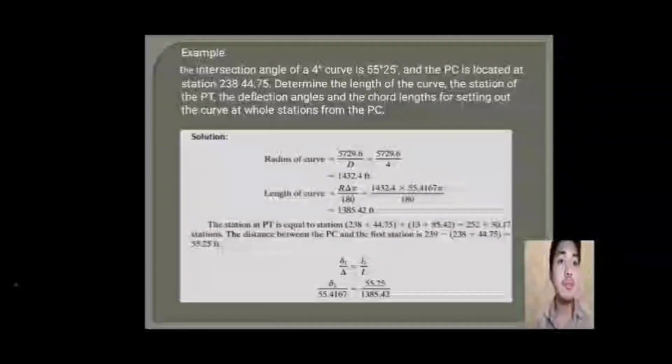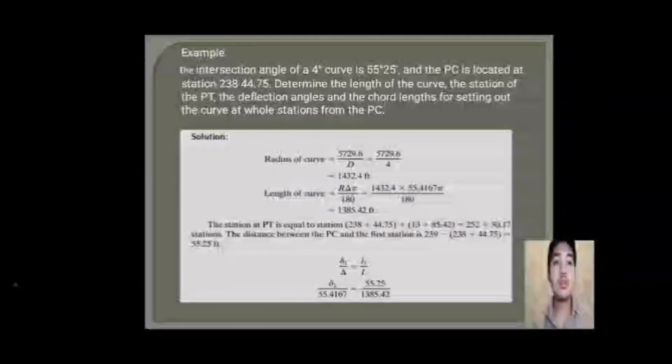Then next is length of curve. Radius of curve 1432.4 times the intersection angle of 55.4167 times pi over 180. We will have 1385.42 feet.